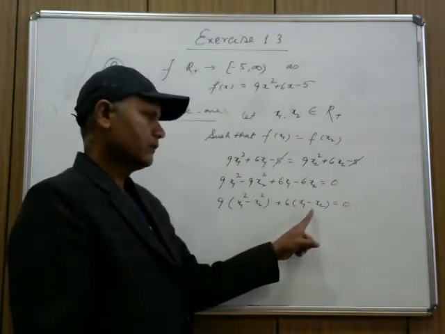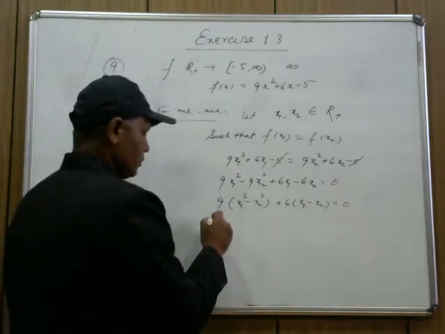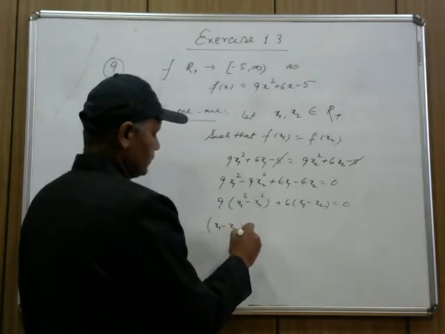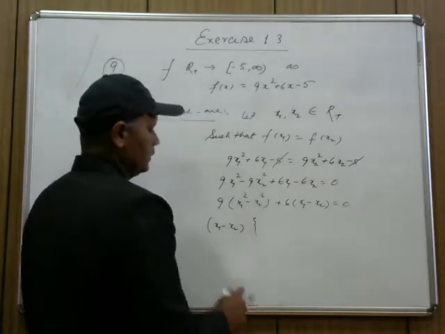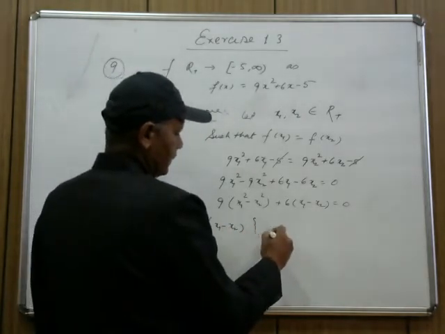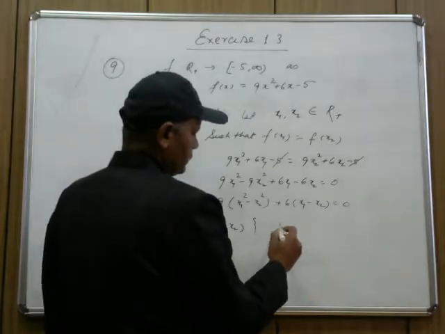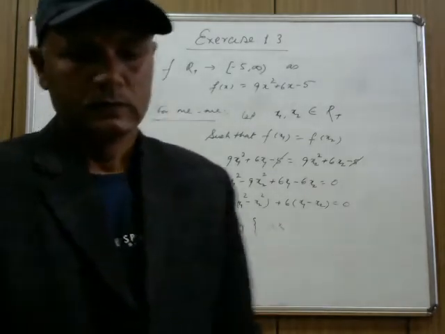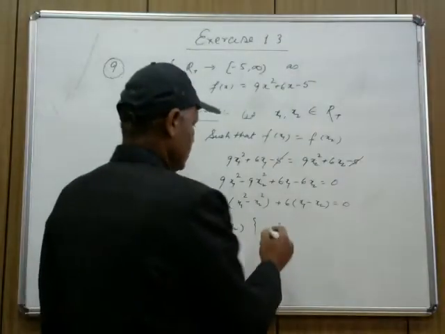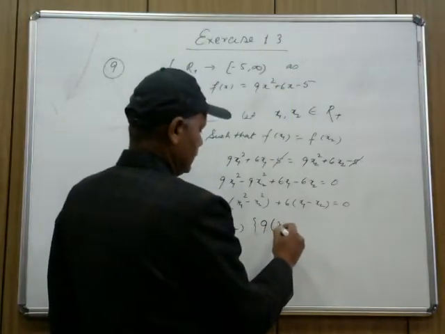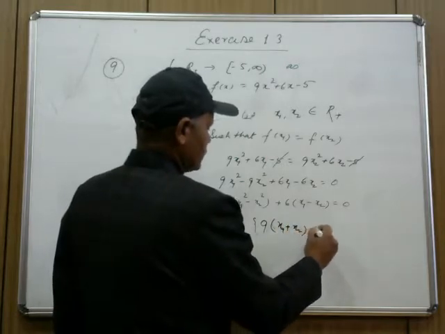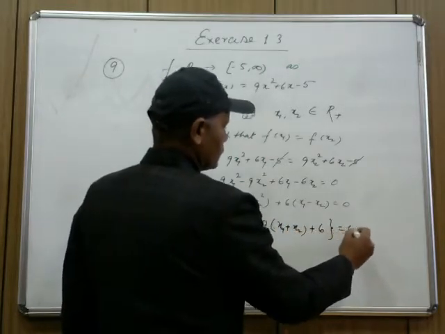Here we also have x1 minus x2, so I take x1 minus x2 common. Now I am left with (9(x1 plus x2) plus 6) equal to 0.